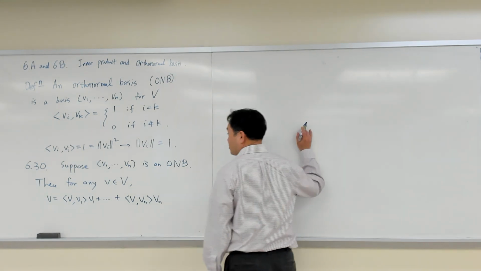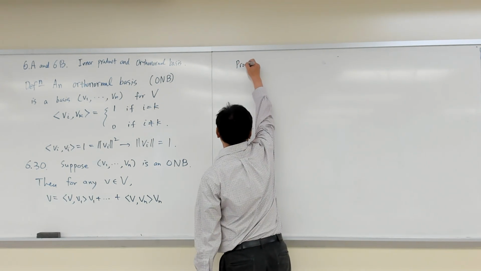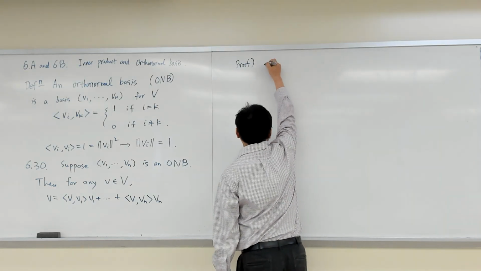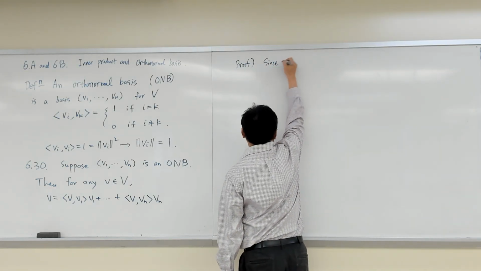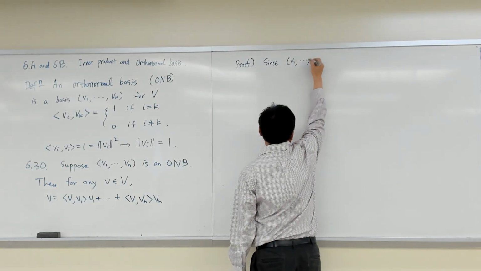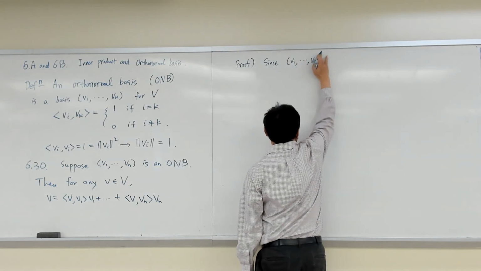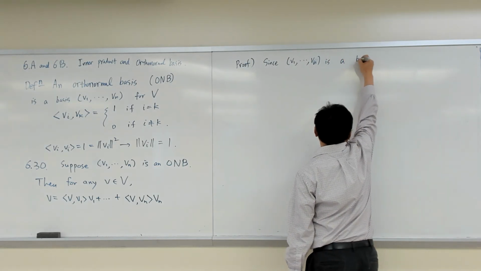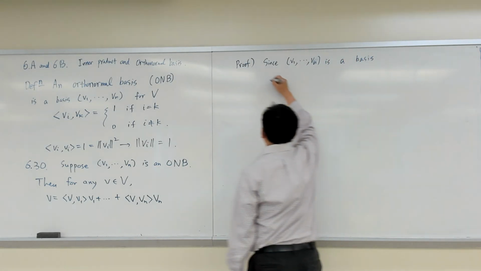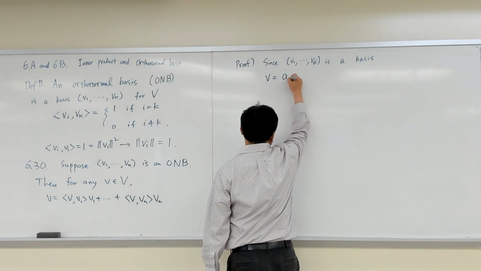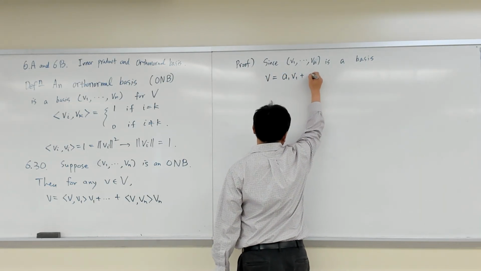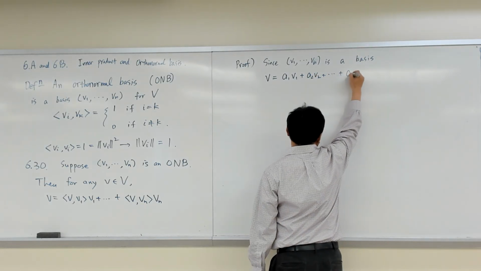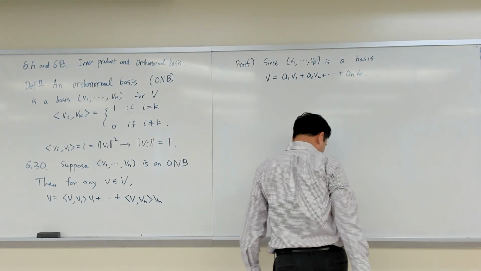Let's show this proof. Well, first, because the list given to us is a basis, V must be equal to some A1 times V1 plus A2 times V2 and so on, plus An times Vn. Right?